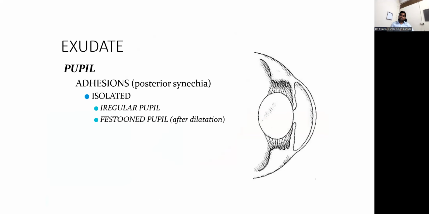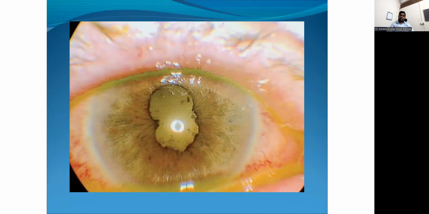These are the festoon pupils, and how does it happen? What does that indicate? Suppose a patient has not presented to you during the attack, and at some other time, for cataract, he has come and you examine him, you will see these kinds of conditions. You will understand, and you can retrospectively ask the patient if he has ever suffered from any attack of uveitis.